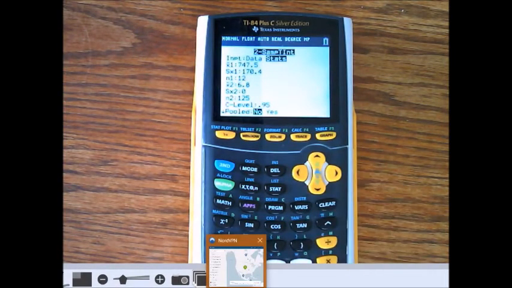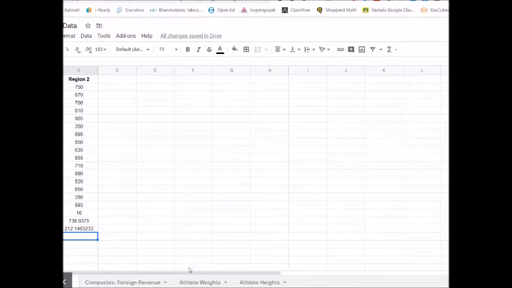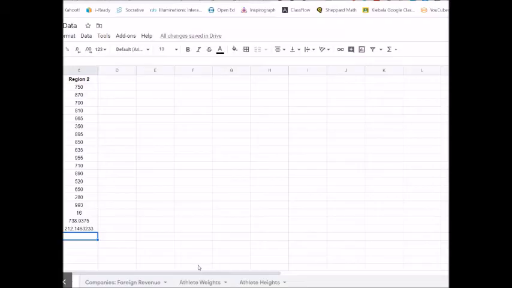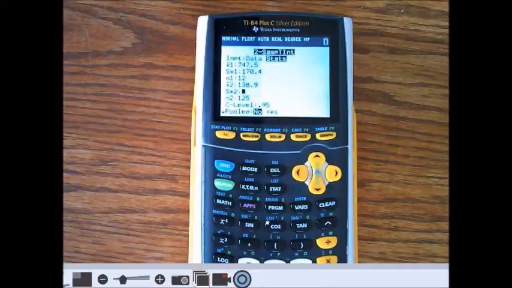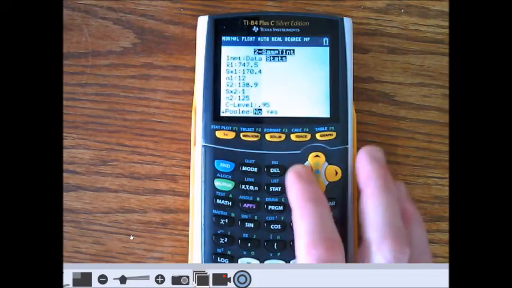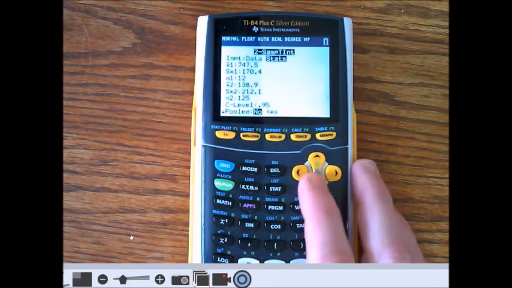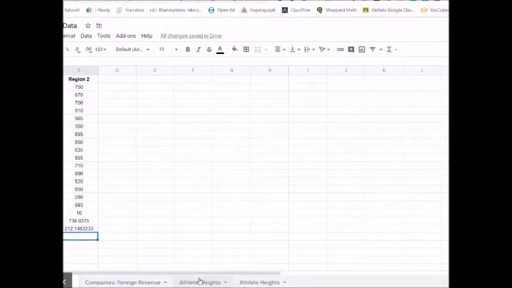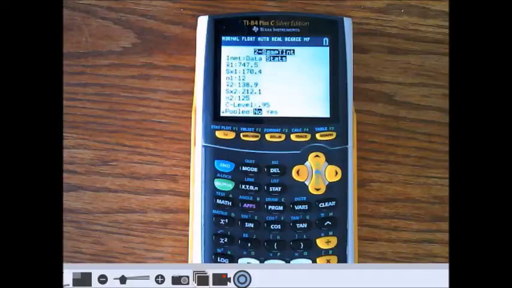All right, x bar 2, 738.9, 212.1, and 16.